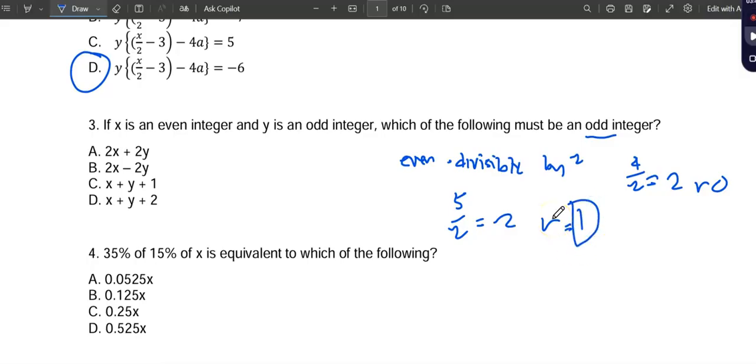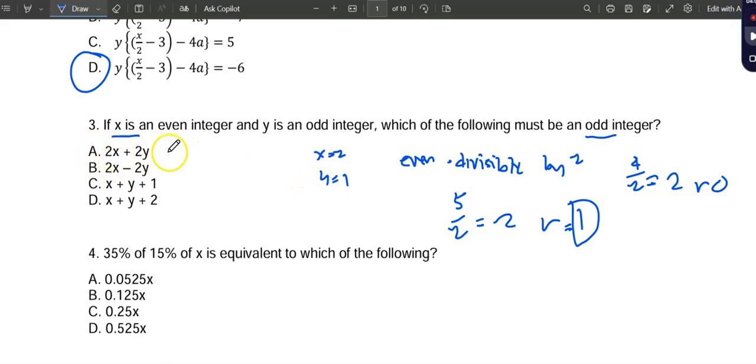So to make this easier to solve, what you can do is let values for x, alright? What is our smallest even number? We have 2, right? So I will let x equals 2, then y equals 1 to make our life easier. So you just plug in the values.